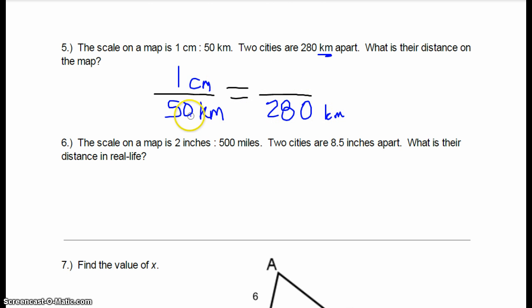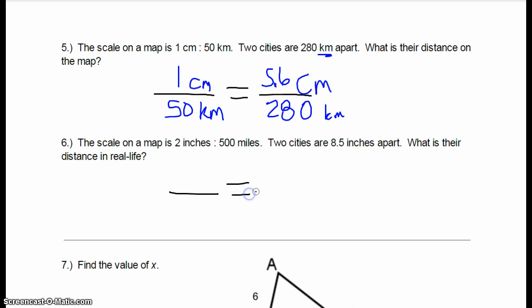I'm doing centimeters to kilometers, so my other ratio has to be centimeters to kilometers. To solve this, I take 280 times 1 and then divide by 50, and I get 5.6 centimeters.